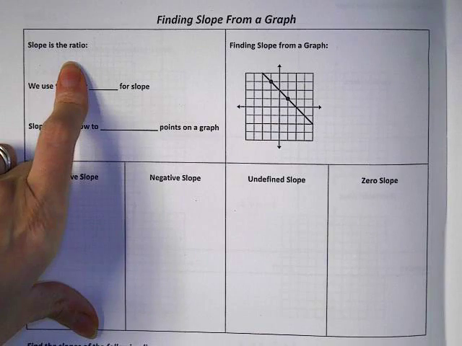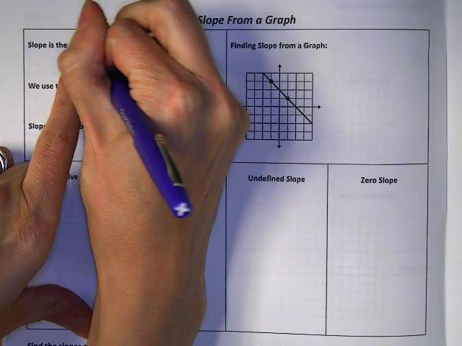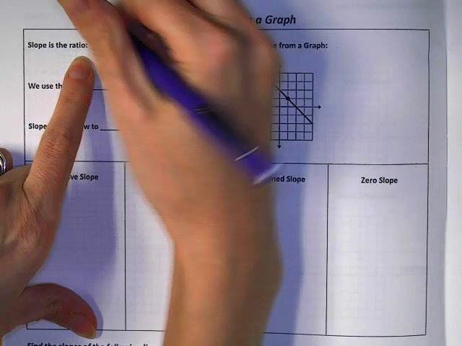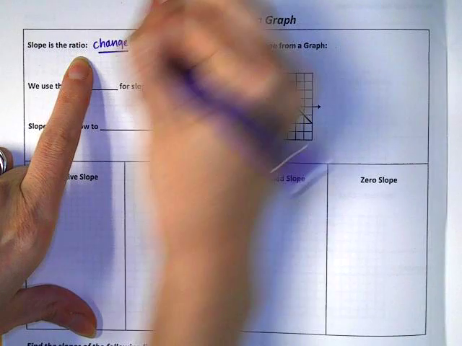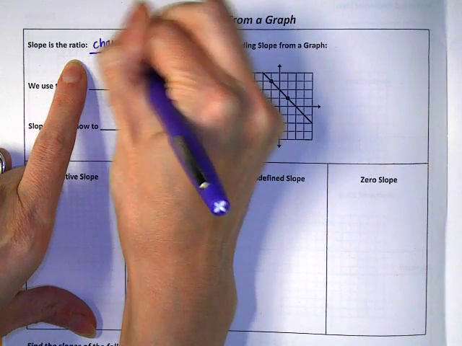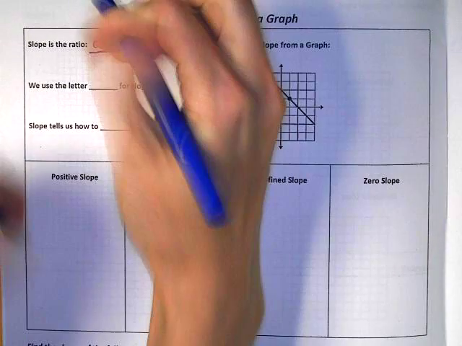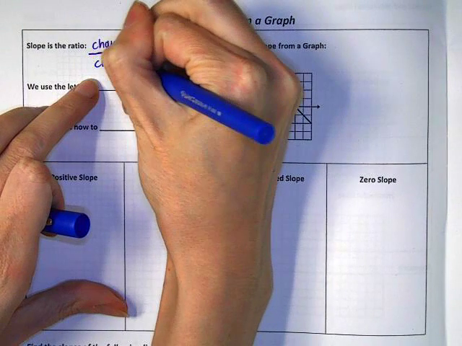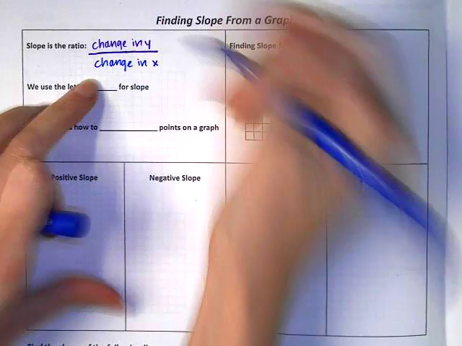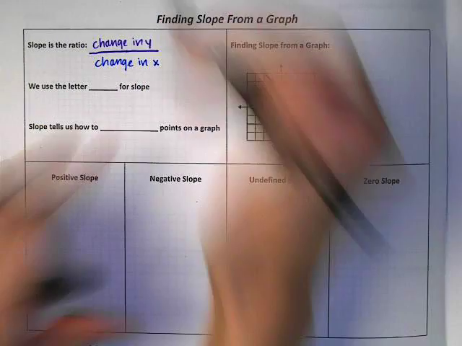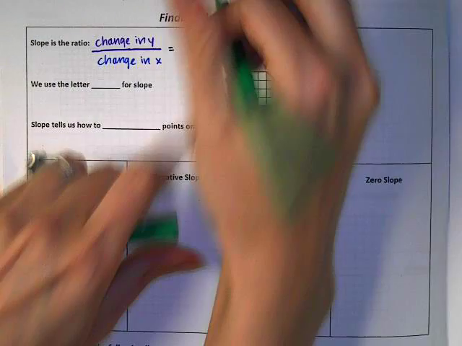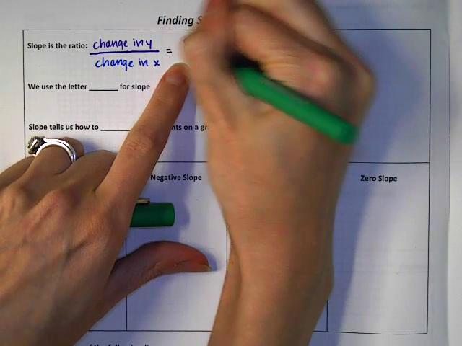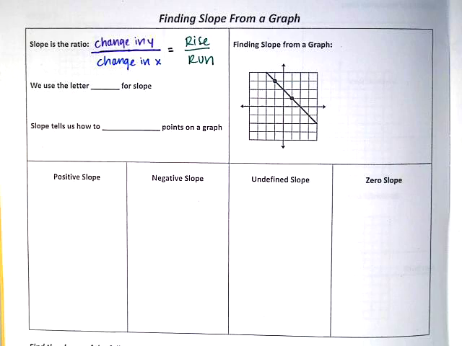So slope is a ratio, which means you can write it as a fraction. It's the change in the y values divided by the change in the x values. Another way to think of it, some people call it rise over run.